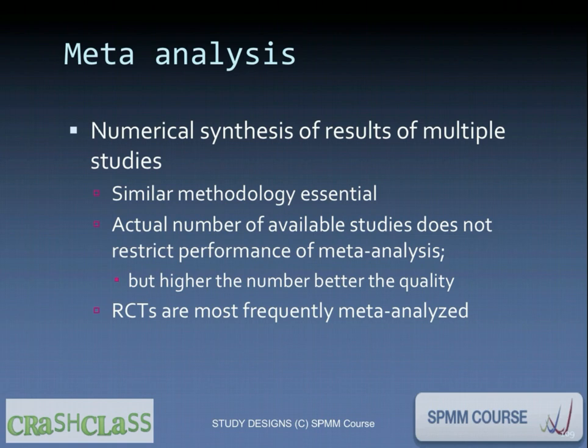So actual number of available studies, that does not restrict the performance of a meta-analysis. You can combine even 2 studies or 3 studies, that doesn't matter. How many studies you have doesn't matter. Whether you can perform a meta-analysis or not depends on the methodology of the studies. If all of them have been done in more or less similar fashion, then you can combine them. The most frequently meta-analyzed study design is RCTs, randomized controlled trials.